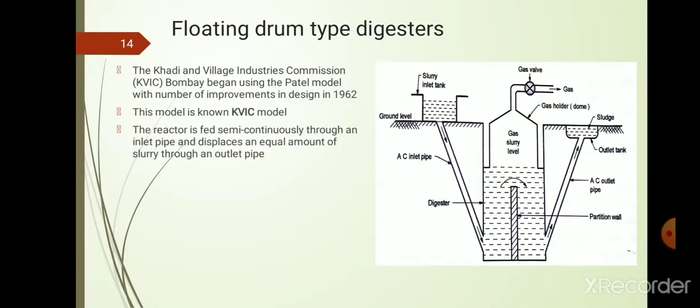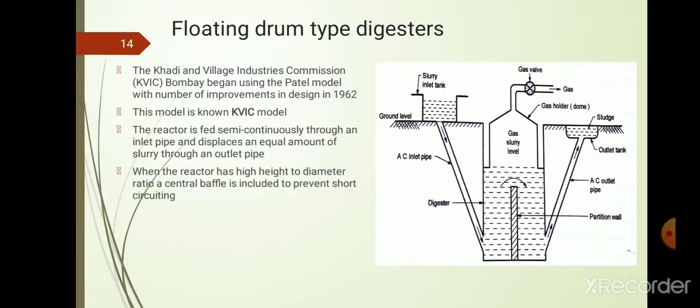Here the reactor is fed semi-continuously through an inlet pipe and displaces an equal amount of slurry through an outlet pipe. The design is such that if you feed 1 kilogram of biomass through the inlet pipe, it will displace 1 kilogram of slurry to the outlet pipe.